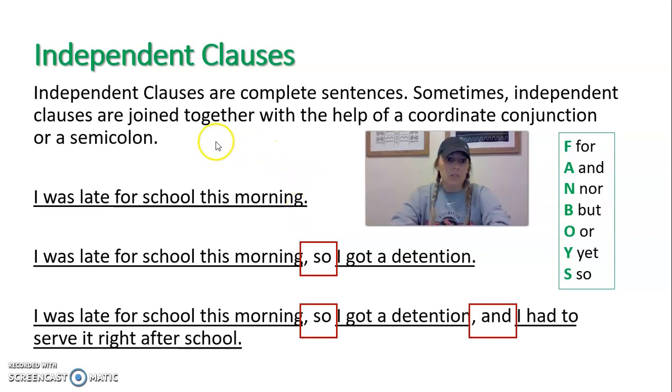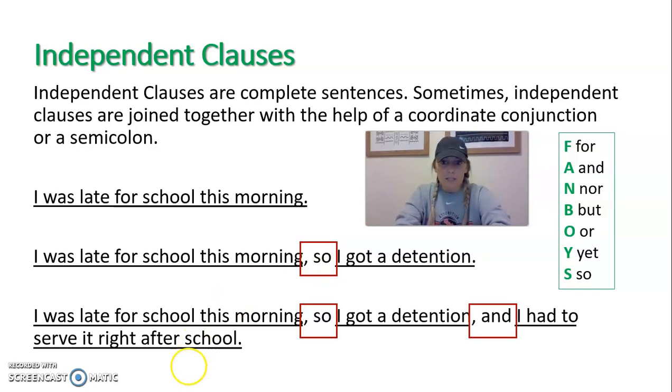I was late for school this morning, independent clause, right? I is the subject and was is the verb, all right? Down here, I joined two independent clauses together. I was late for school this morning. I got a detention, and I combine that with the comma coordinate conjunction so. So I was late for school this morning, comma, so I got a detention.